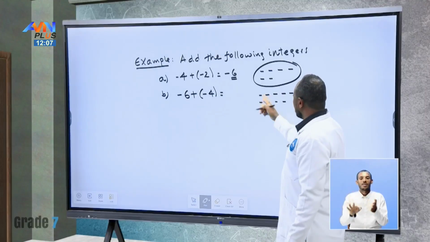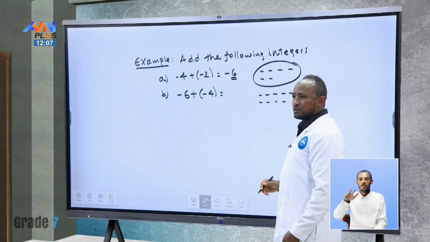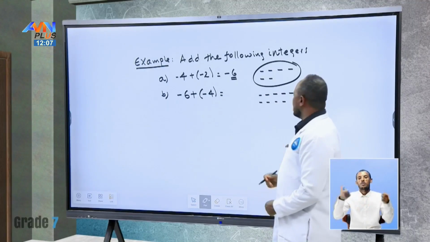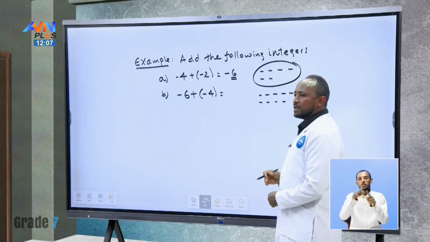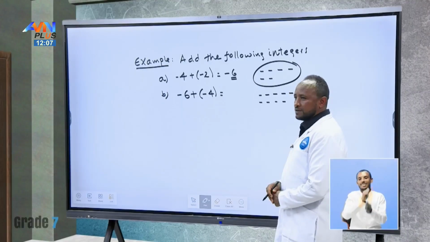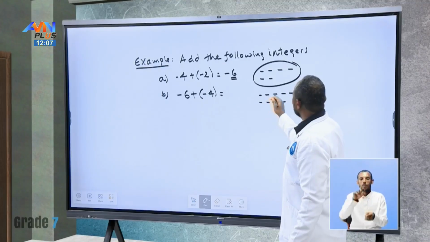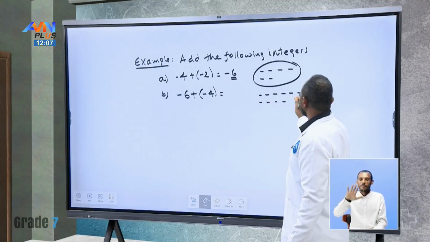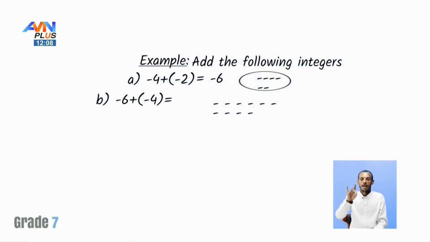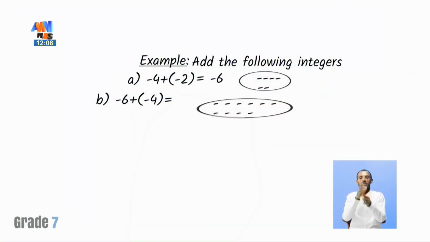In this case, we don't have opposites. So there is no positive, negative. So we cannot cancel out. Simply we count the negatives here. So the result will be 1, 2, 3, 4, 5, 6, 7, 8, 9, 10. We have 10 negatives. The answer will be negative 10.